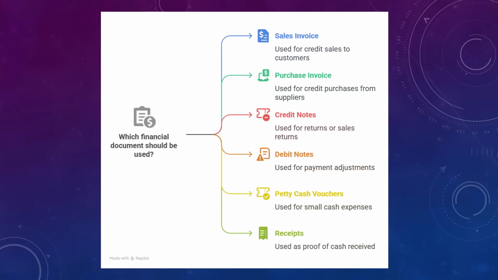Petty cash vouchers are used specifically for the petty cash book, something we'll look at later on. And receipts are used whenever there's a cash payment. Once money passes, you have to use a receipt. So if somebody gives me money, I would give them a receipt. If I give somebody money, they would give me a receipt.